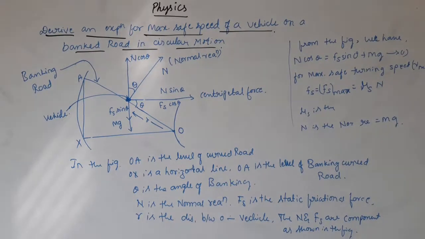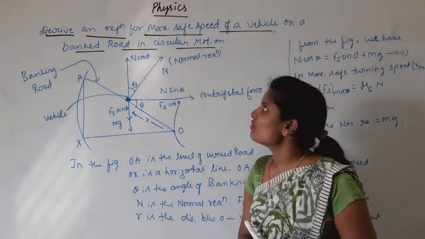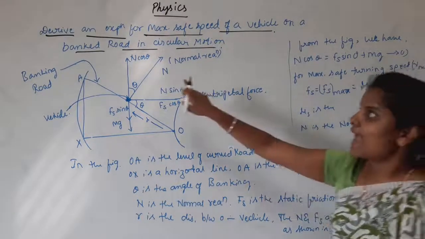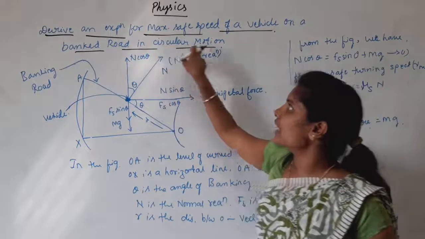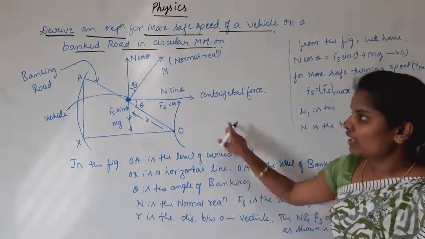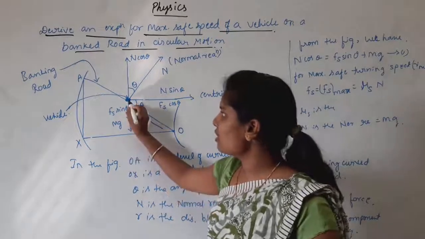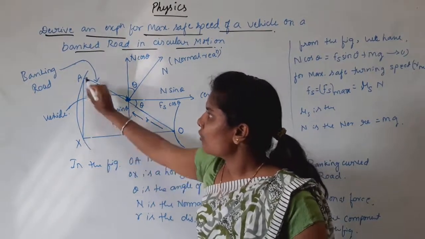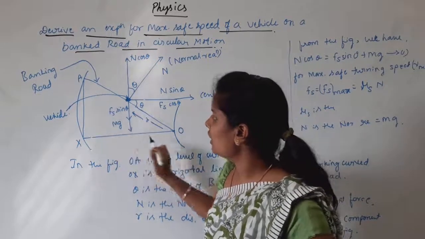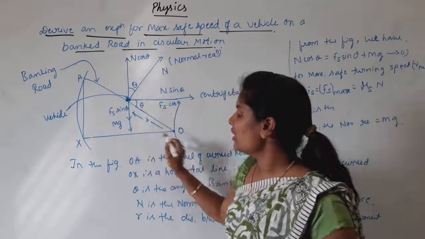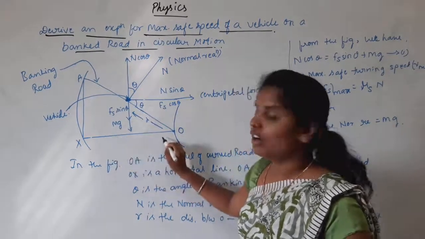The next one is to derive an expression for the maximum safe speed of a vehicle on a banked road in a circular path. This is an important derivation. In this diagram, this is the vehicle, these are two points on a curved path, this is the banked road, and this is the horizontal road.